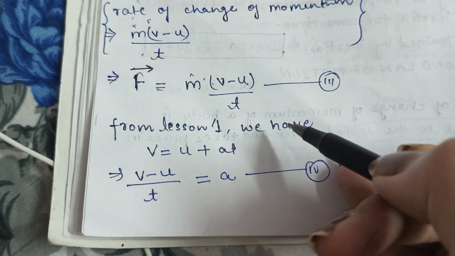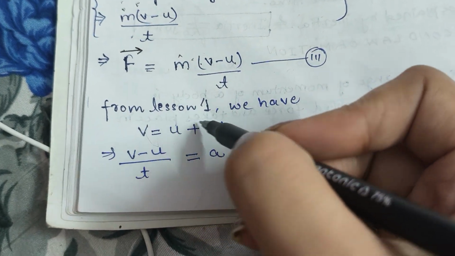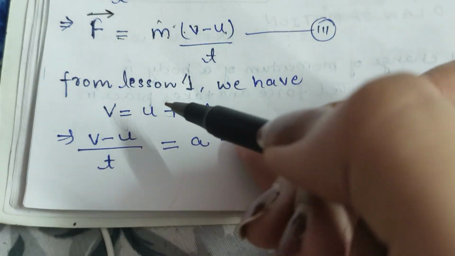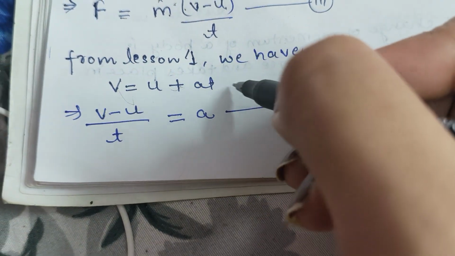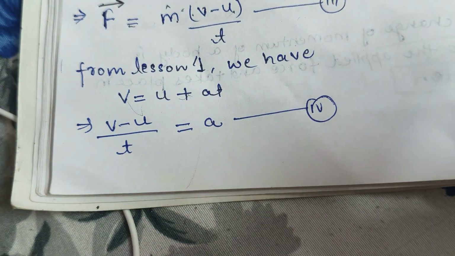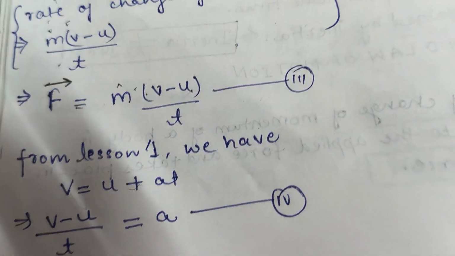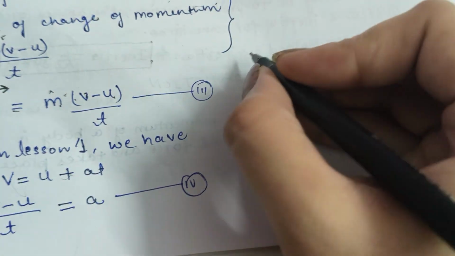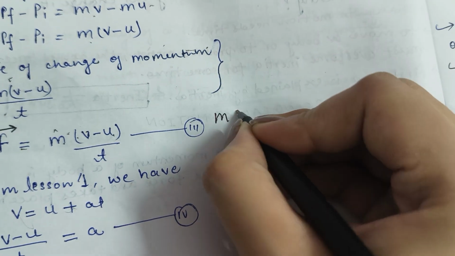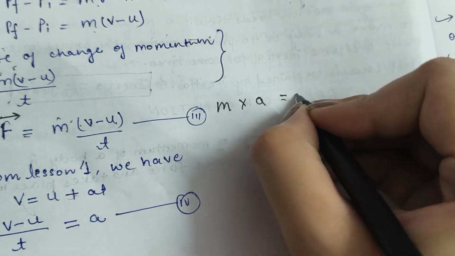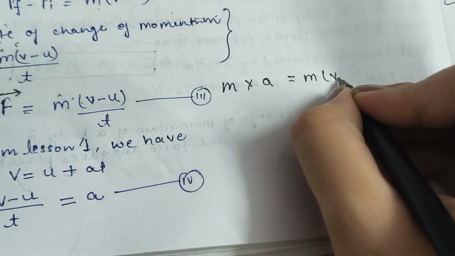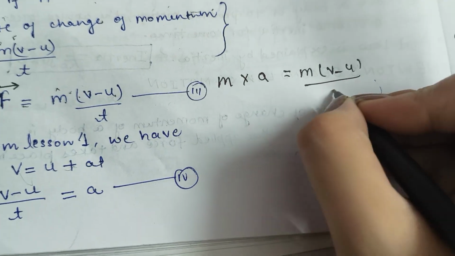So from lesson 1 we have v is equal to u plus at. If you remember this, F is equal to m into a, and this is equal to m into (v minus u) by t.